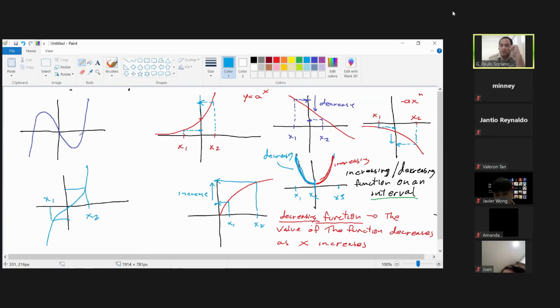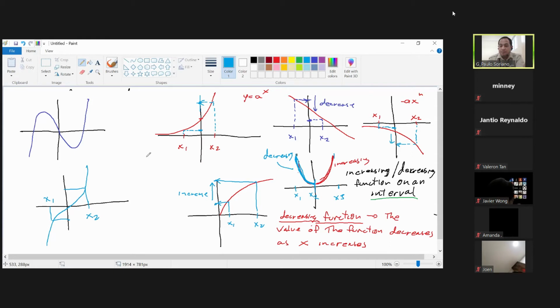Okay? Take, for example, remember the medicine inside a person's body, that test or that activity that we solved last time. You are now given a certain function.